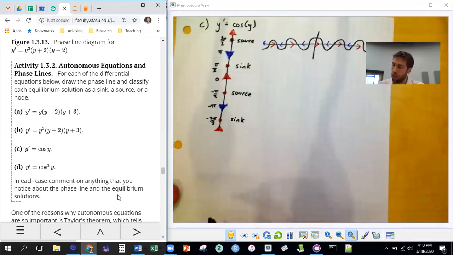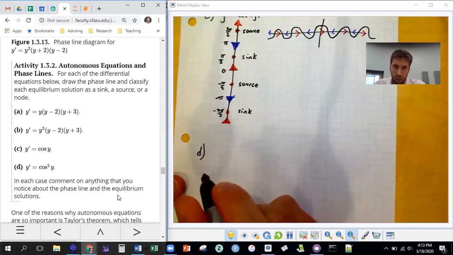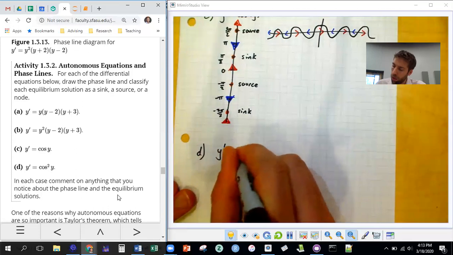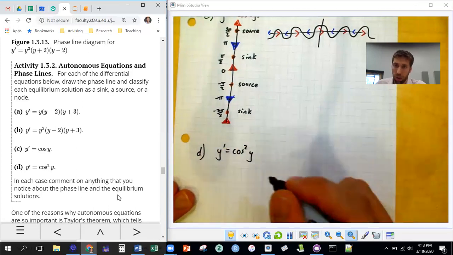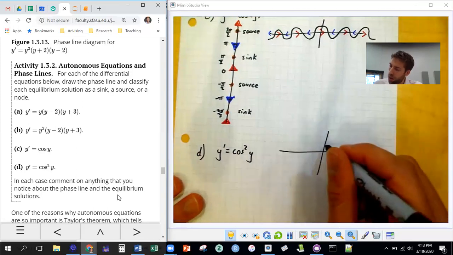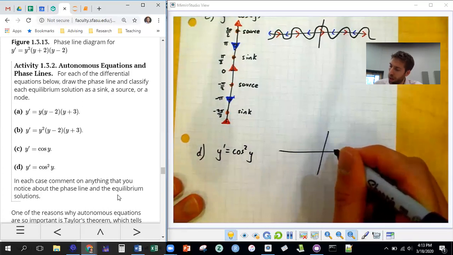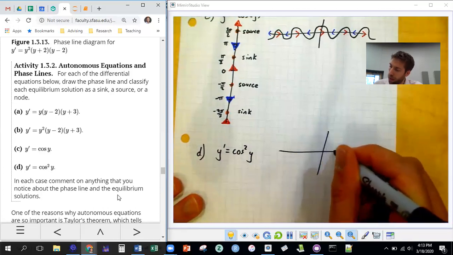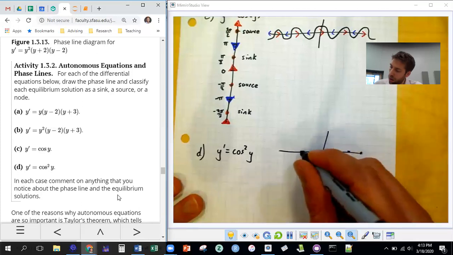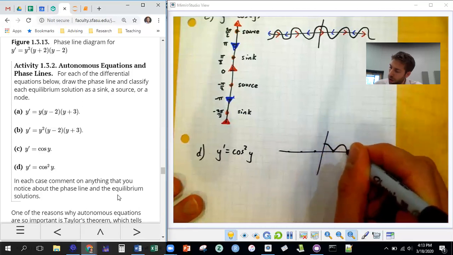And then part D is if we take cosine squared of y. Well, it still has the same zeros, but then it kind of bounces back again. So it has the same zeros, it just sort of does this.